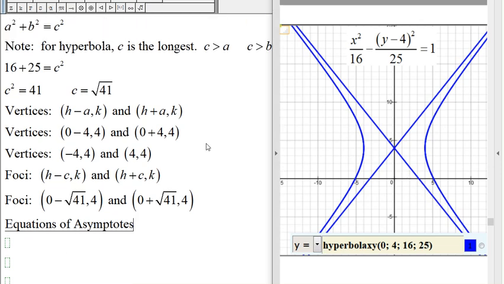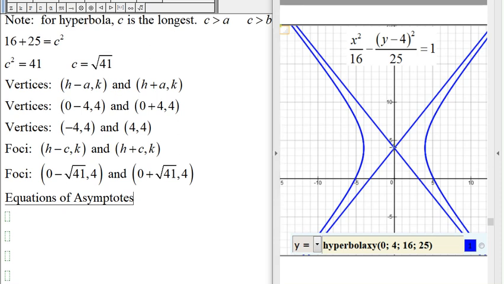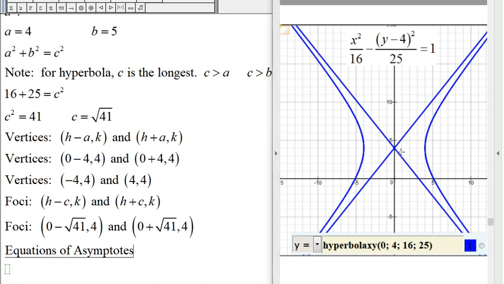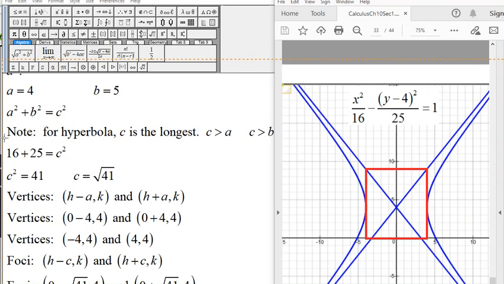So for this particular case, a is 4, and then b is 5. And so if we go 4 here and then 5 up here, and then draw the rectangle, that's called the principal rectangle. So from the center we go 4 here and then 5 here, and then draw the rectangle. This is called the principal rectangle.